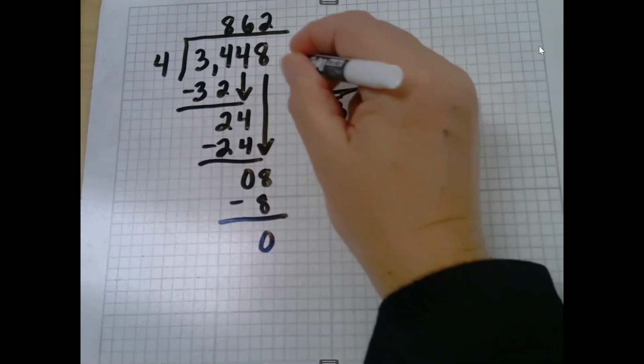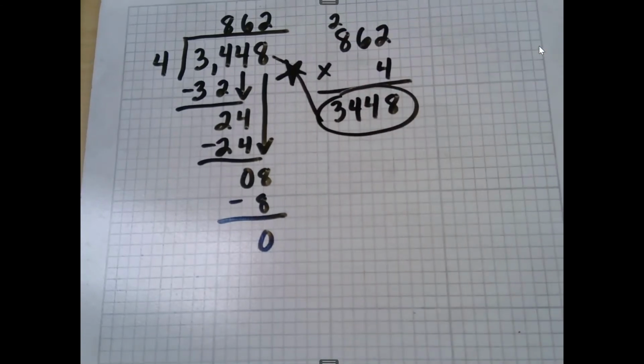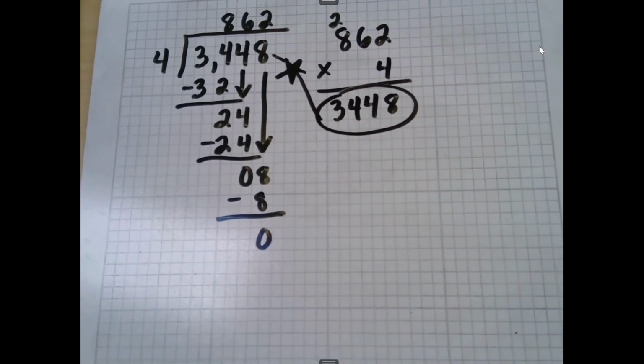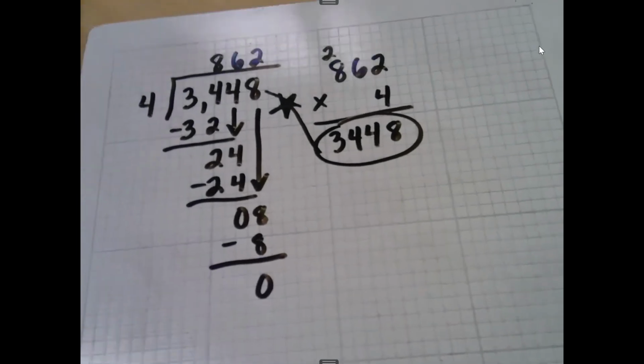Did we get the same answer? Yes, we did. I'm going to give us a star. So go ahead and do 5, 6, and 7. Pause the video, and then I'll go over those answers with you.